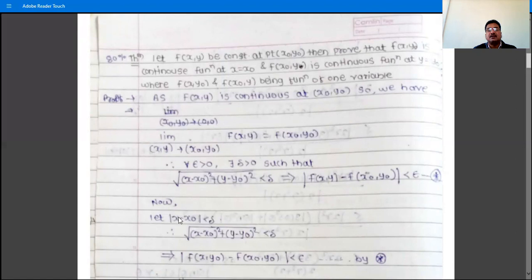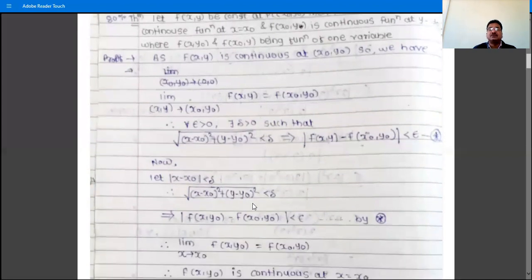So we write x minus x naught as root of (x minus x naught) square plus (y naught minus y naught) square is less than delta. Both are the same, because if we find root of (x minus x naught) square plus (y naught minus y naught) square, then it is 0, and we have the answer x minus x naught. So just add the 0.